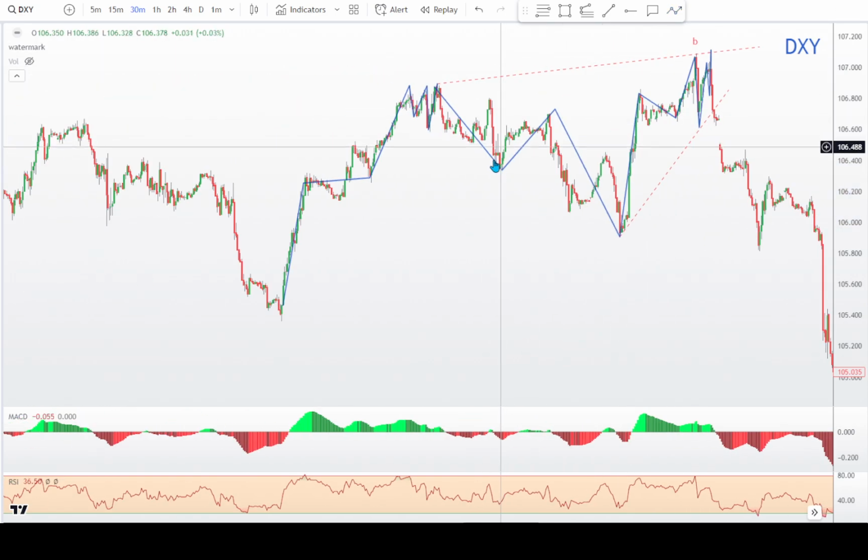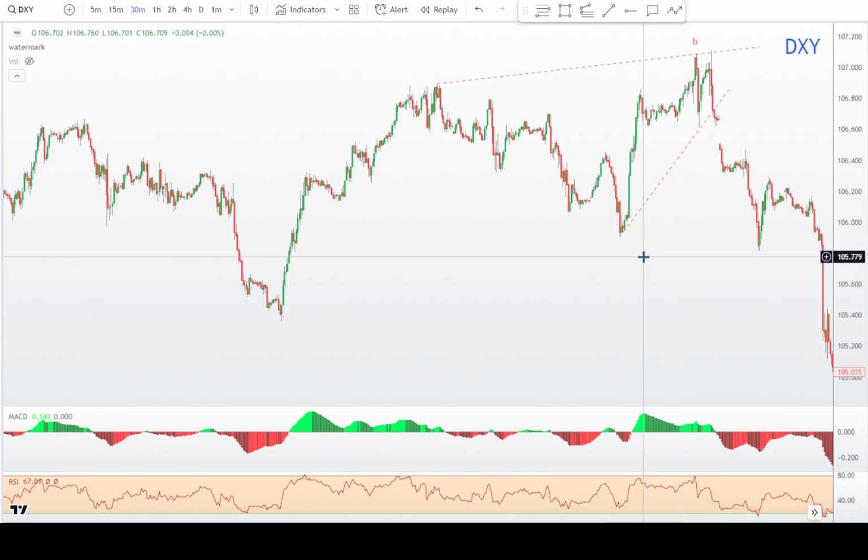And so when I clear this off, you can see it makes a wedge diagonal shape. If that's 1, 2, 3, 4, and then back up for 5.